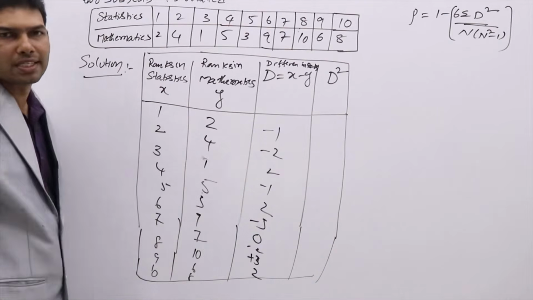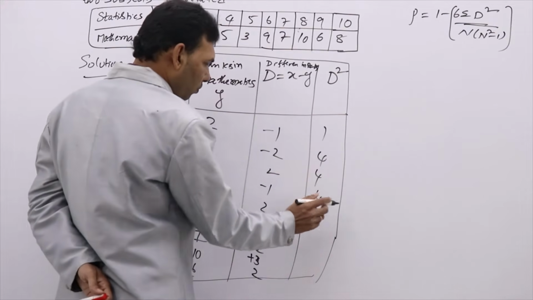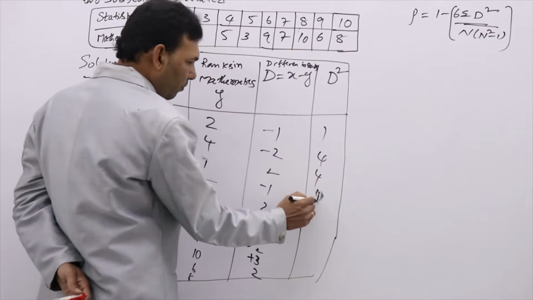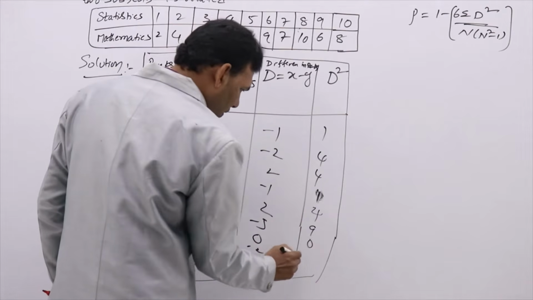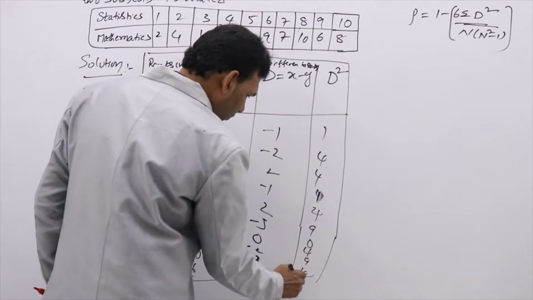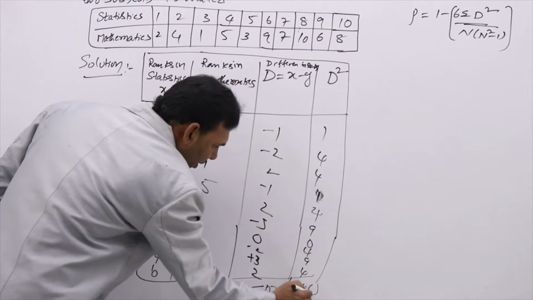Now square all these differences: 1, 4, 4, 1, 1, 4, 9, 0, 4, 9, 4. Add these all and you will get sigma D square, which is 40.